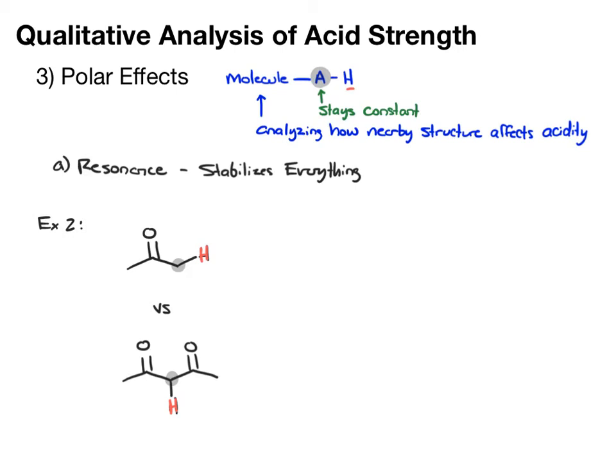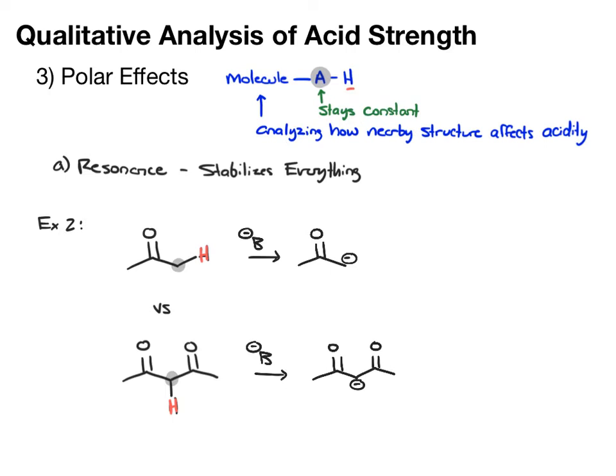So now think about reacting each of these with a base such that you draw the conjugate base. Here, the conjugate base gives you a lone pair and a negative charge on the carbon. Here, it's very similar. You get a lone pair and a negative charge on this carbon.